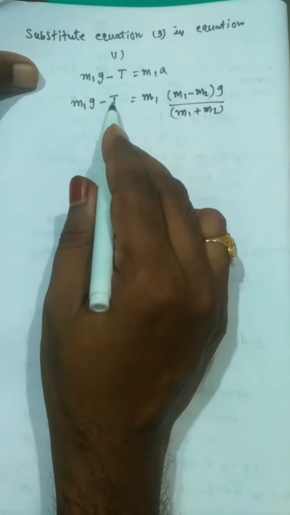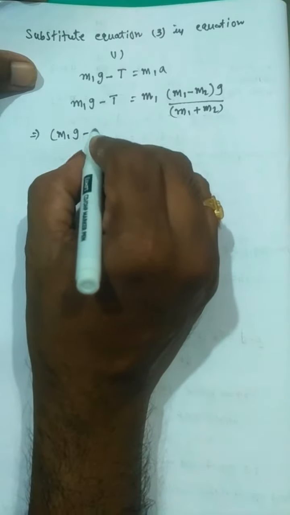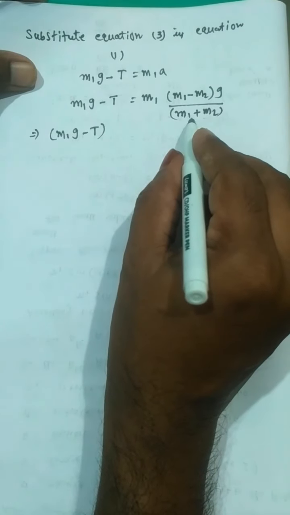So what do we want? We want the tension. First we do the cross multiplication.